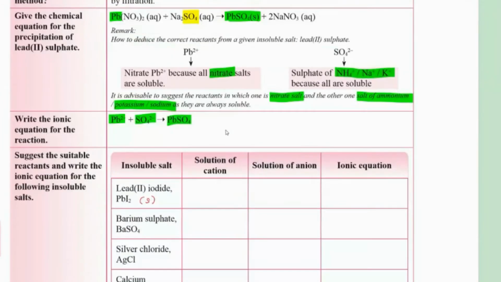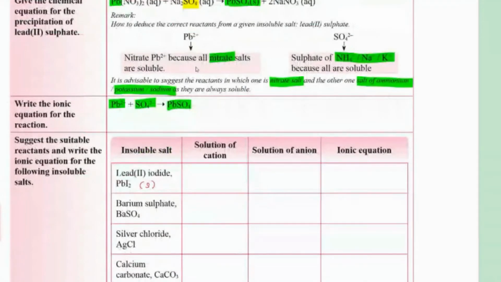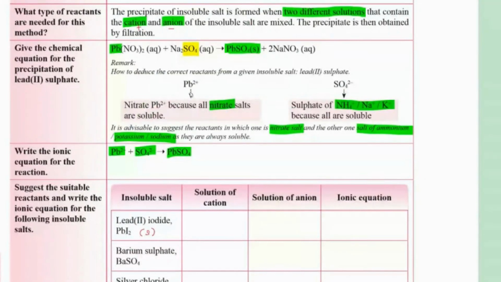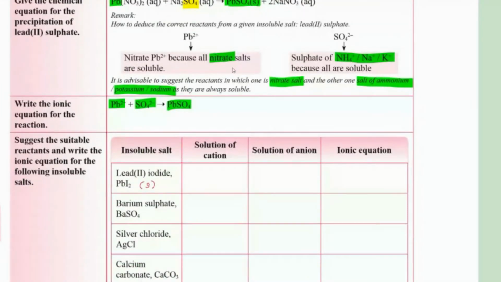You can refer to the guidelines here. Let the metal ions, right? The positive ion always combines with a nitrate, right? So meaning that we can choose lead 2 nitrate. No?